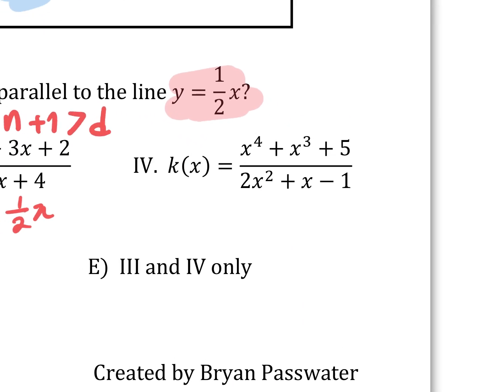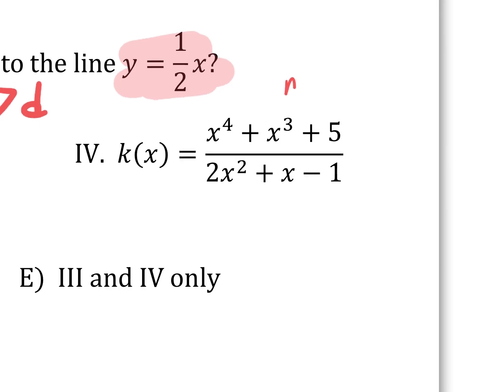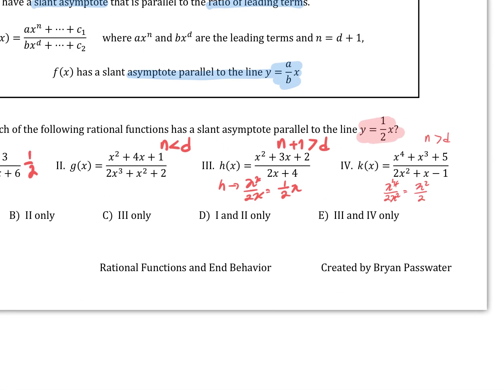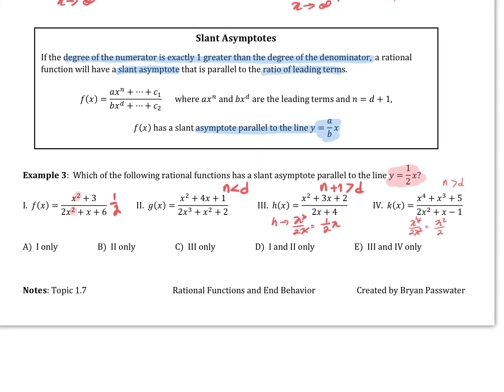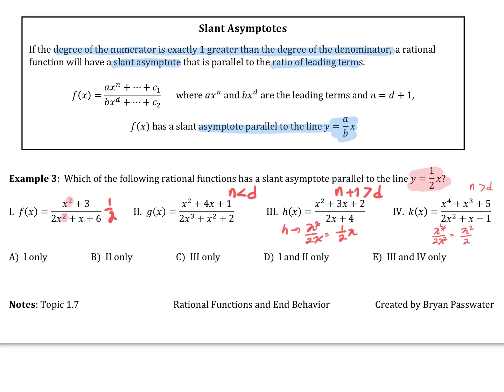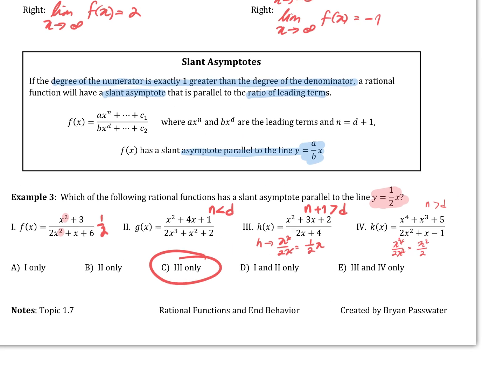Here the numerator is greater than the denominator, but it's also going to yield 1/2. Now let's look at it. You say x^4 over 2x squared, that's going to give you x squared over 2. I guess it's not. So with all of these choices, what is the best choice that we can see in here? All I can see here now is only option number 3. So that is the answer to that.